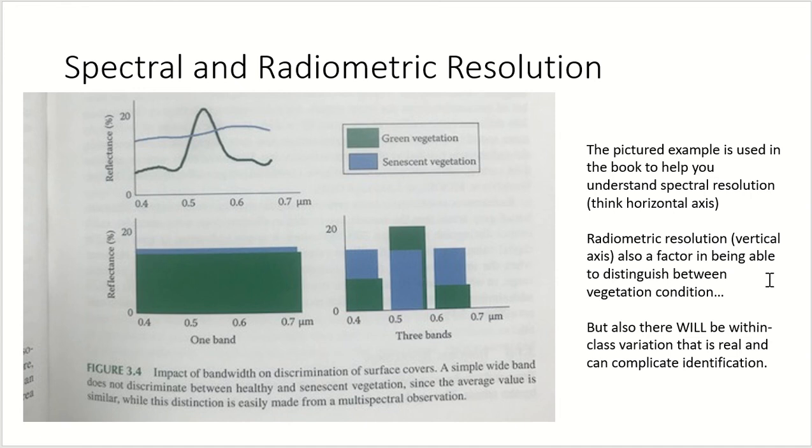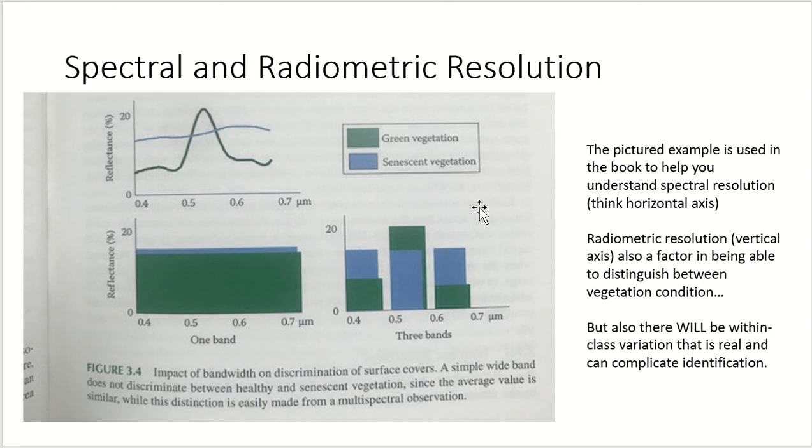And so radiometric resolution, you can increase it, which means a greater degree of being able to distinguish difference, but those differences can be real but might not be ones that you want to actually incorporate in your analysis.